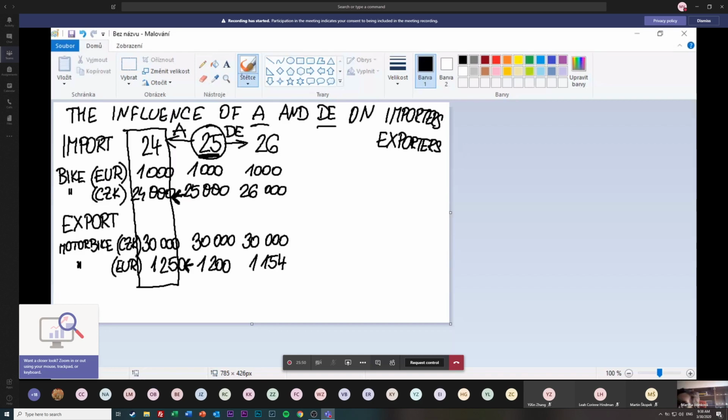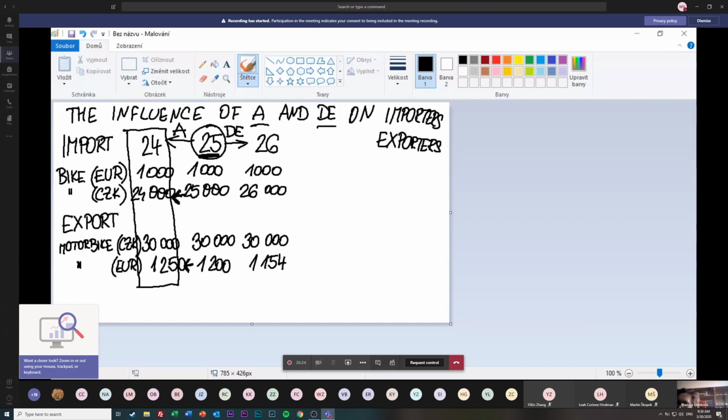So once more, in case of appreciation, the imported products are in the domestic market cheaper. So there will be increase in imports. And the exported products are more expensive. That means there will be the decrease in exports.